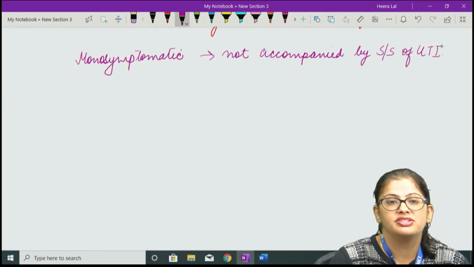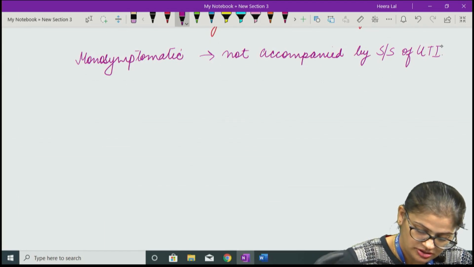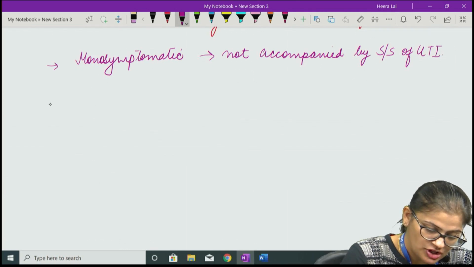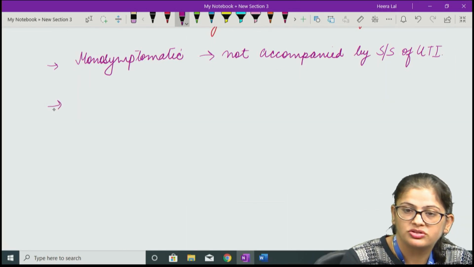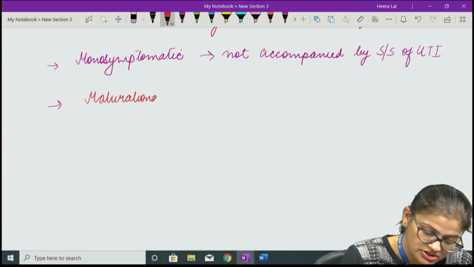So that is when we say monosymptomatic enuresis. So what is the most common cause of nocturnal enuresis? Well, most commonly it has been believed that maturational delay is the most common cause of this condition.